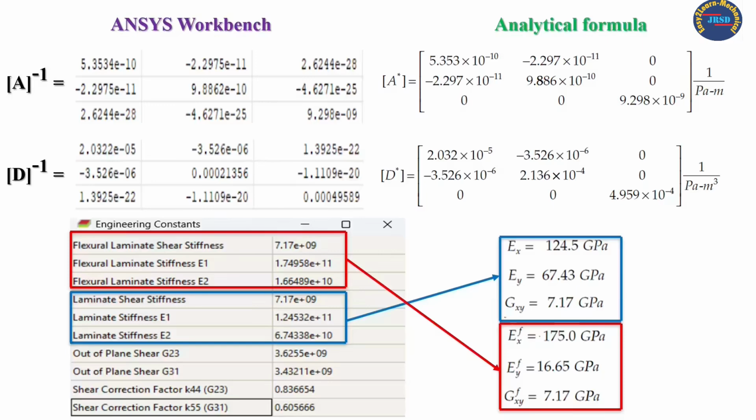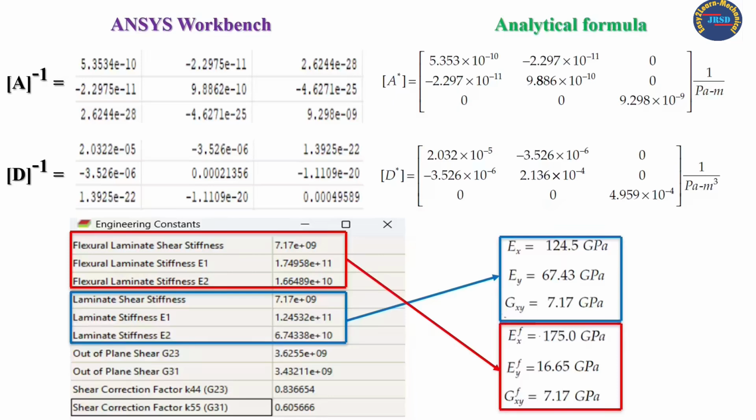In this slide, I want to show you the comparison between the ANSYS workbench and the analytical formula. The left side shows ANSYS workbench results, the right side analytical results. Comparing the inverse matrix obtained from ANSYS workbench with the compliance matrix on the right side, all the values are close to each other.